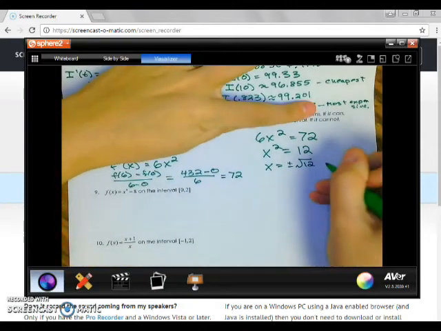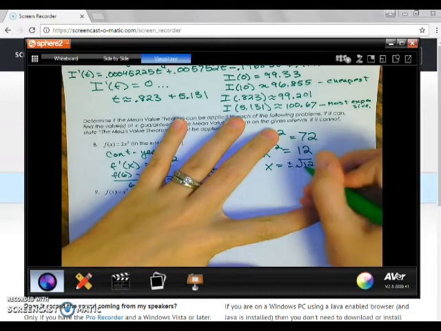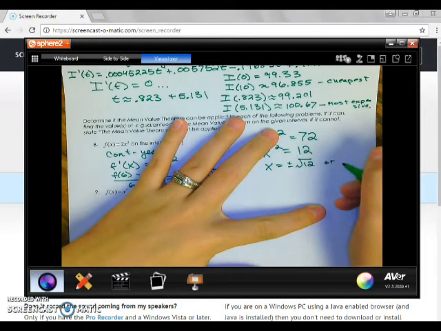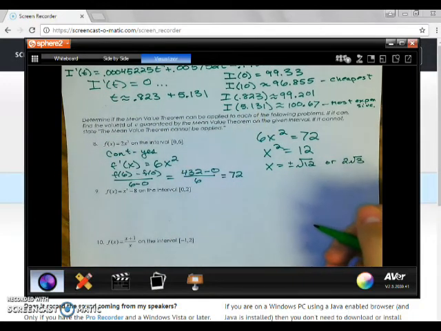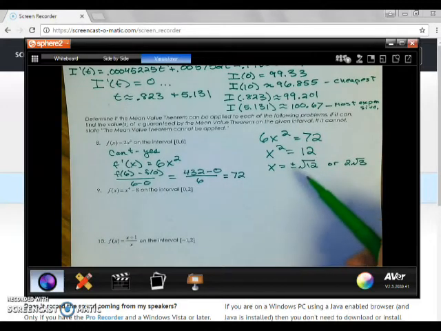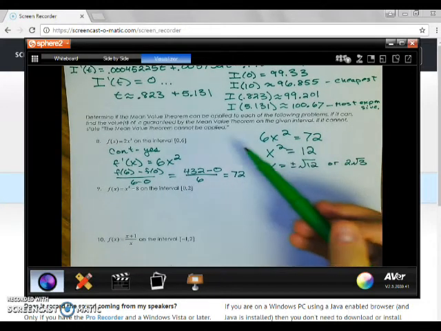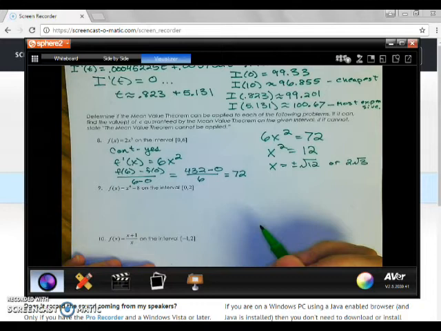I would leave it like that, but if that wasn't multiple choice, you could rewrite it as 2 square root of 3. I'm actually just going to keep the positive portion, because if you look at the interval, the negative one would not be in there. So I will just keep my answer as 2 square root 3 as the final one.